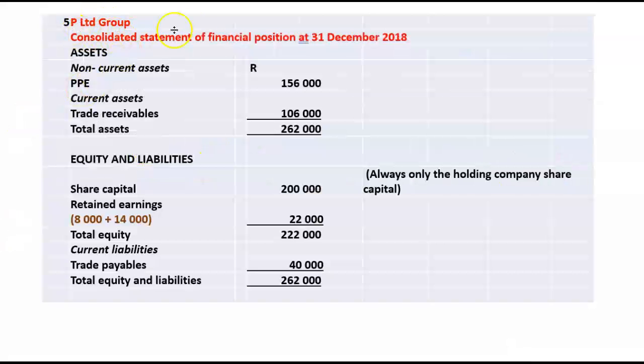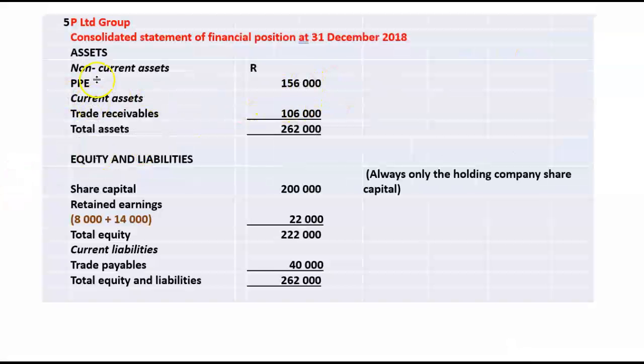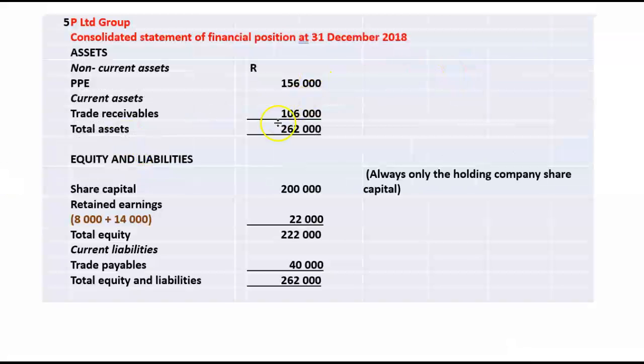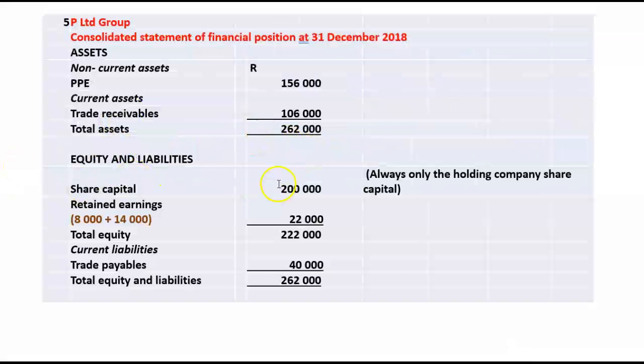The last thing that they want from us is a consolidated statement of financial position, which is basically this column here. PPE, 156,000. Current assets is trade receivables, 106,000. Total assets, 262. Equity and liabilities, only the share capital of the holding company, 200,000.